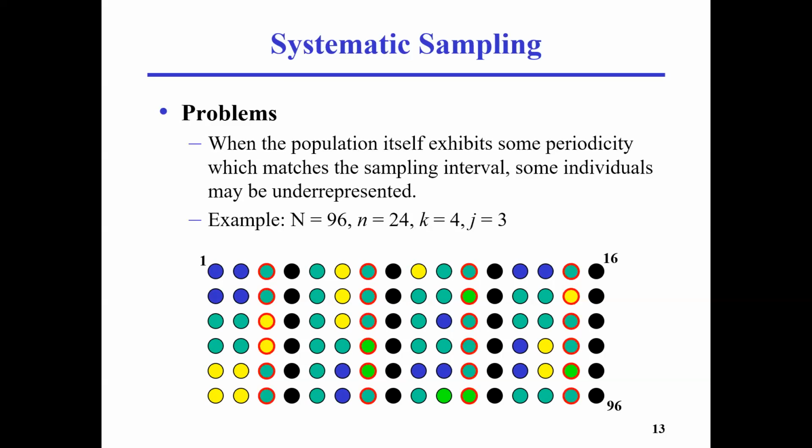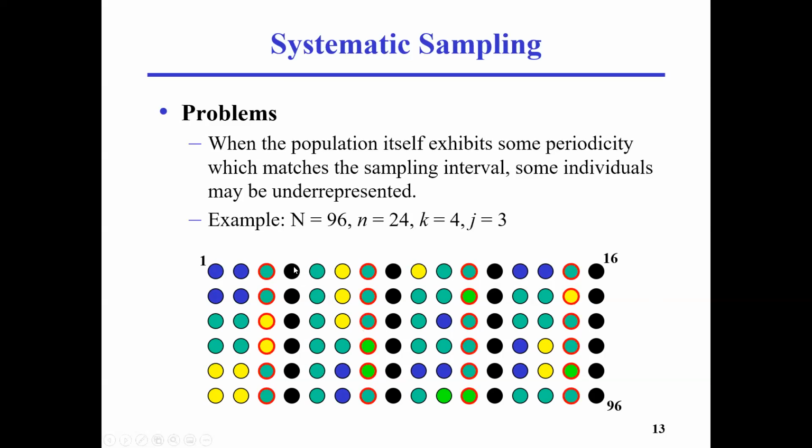So what's the problem here? If you just check all those individuals being collected, there are no black circles. Obviously, black circles are underrepresented in this sampling process. Why? Because you have a fixed interval.